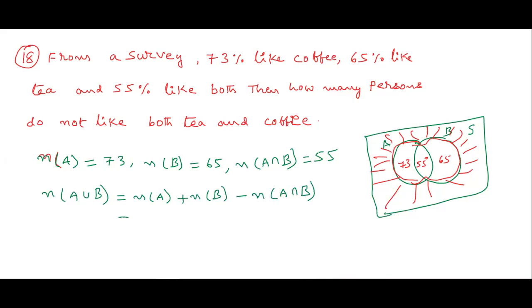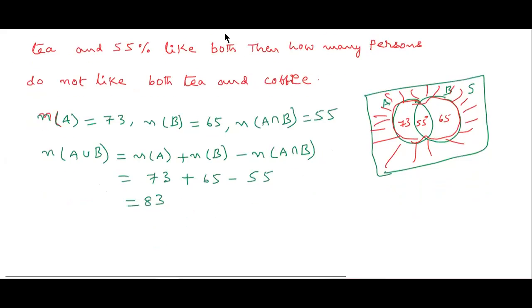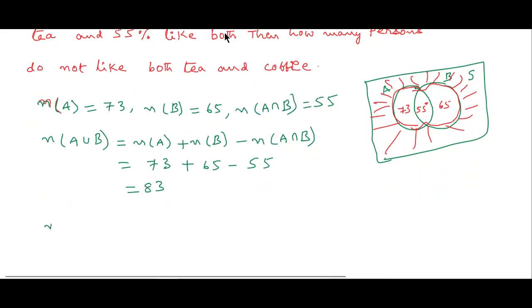What is N of A value? 73. N of B, 65 minus 55. Total how much? 65 minus 55 is 10. 10 plus 73, 83. But we need to find N of A complement intersection B complement. That means what I have shaded here, that we need to find.